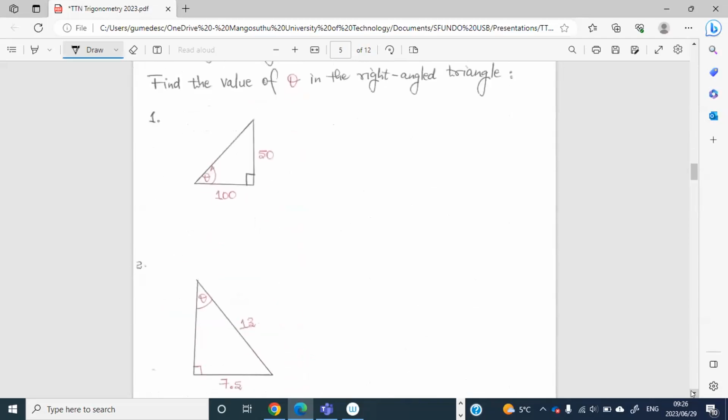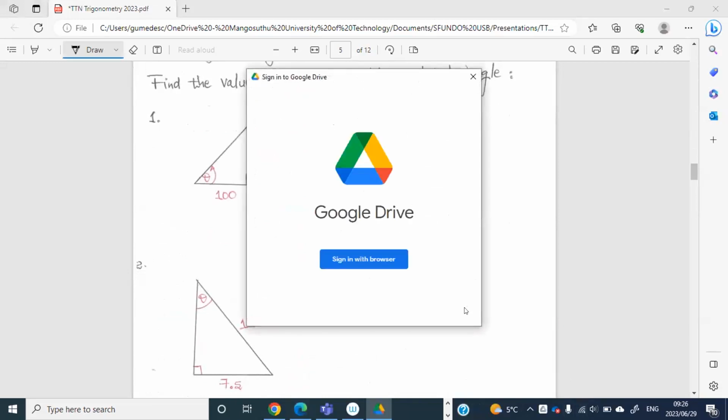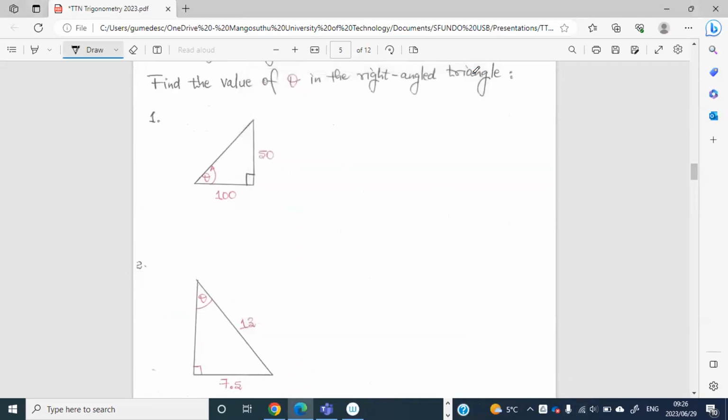What we have next is, now in the past examples, we're using trigonometric ratios to find the length of the sides. Now we want to use it to find the size of an angle. So now we want to find the size of an angle theta here. Right. I hope my internet is still stable. So what we have here is that we've got theta here that we want to find, and we've got sides which are known.